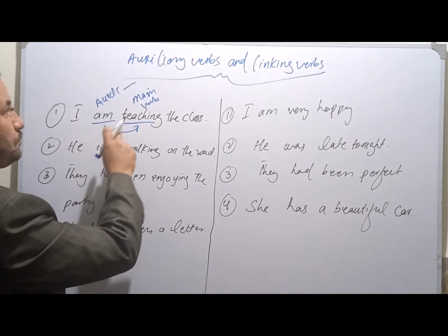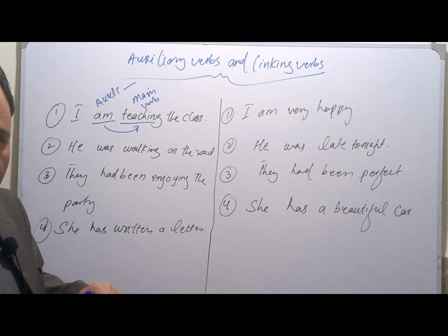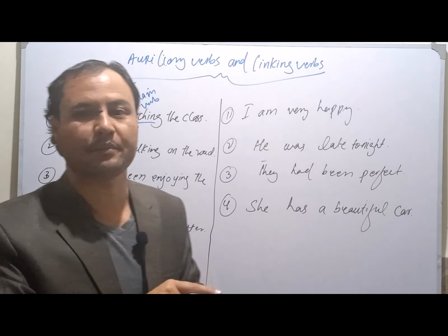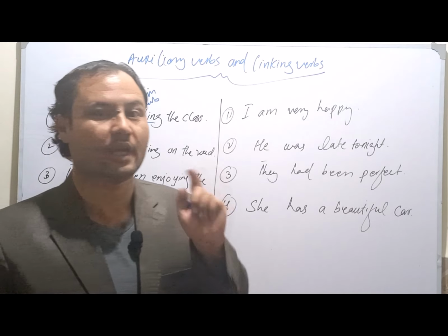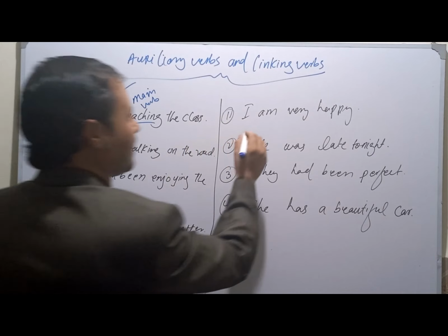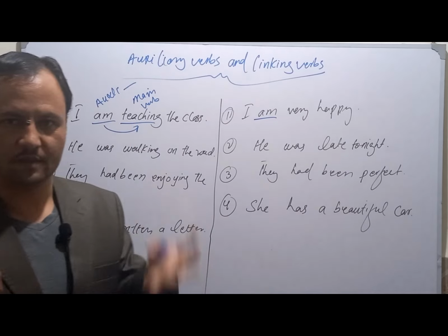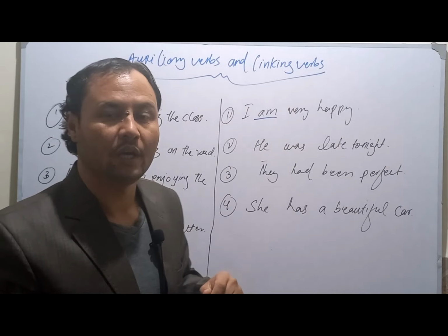Now linking verbs. There are more examples, we will read about them. Linking verbs are the verbs which link the subject with the rest of the sentence, and it is not an action verb. Now see the example: I am very happy. Here am is used alone in the sentence, without any other verb.